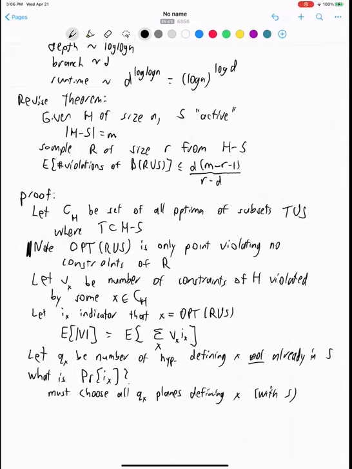You have to also not choose any hyperplanes that would violate X. Exactly. No hyperplane that violates X. And how many of those are there? V sub x. Exactly.